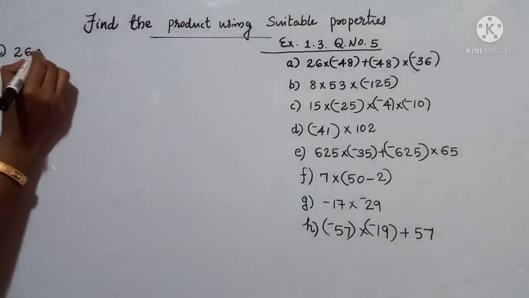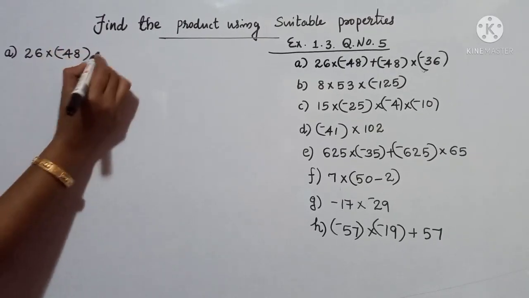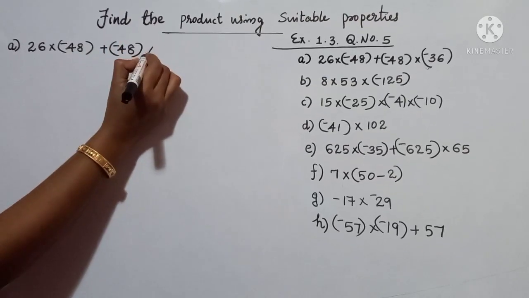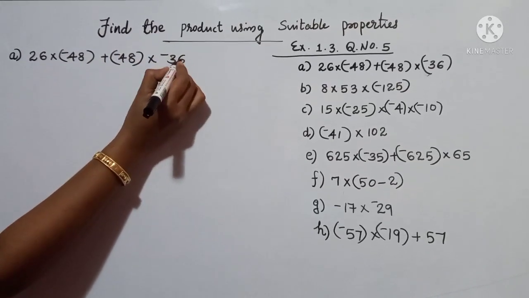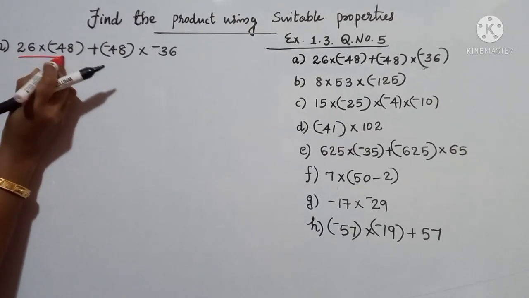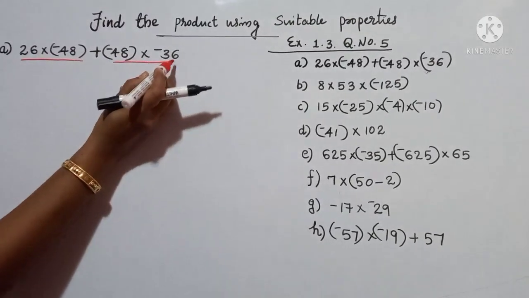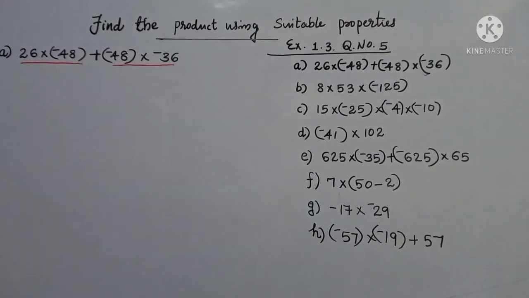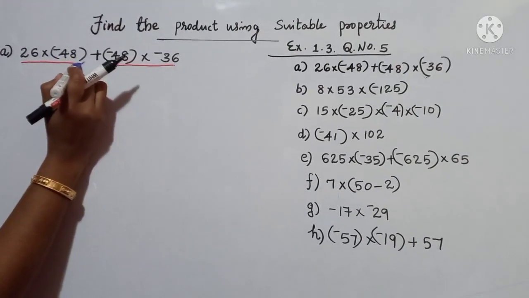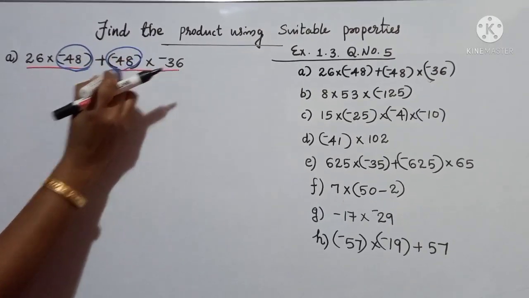Here it is. First one: 26 into minus 48 plus minus 48 into minus 36. Here we can observe these two terms, 26 into minus 48 and minus 48 into minus 36. We can see one common factor, minus 48, in both.